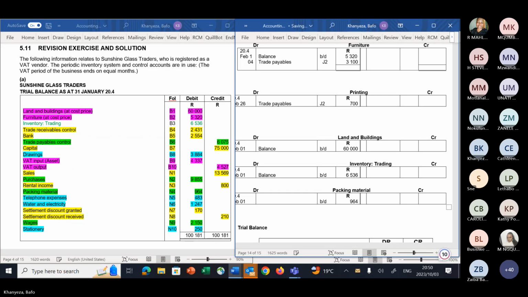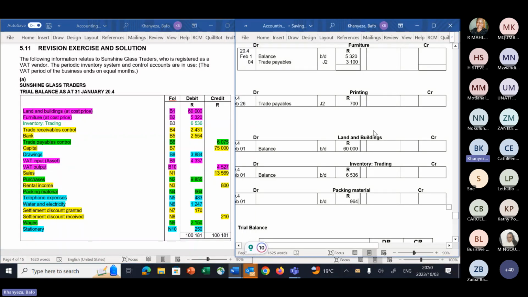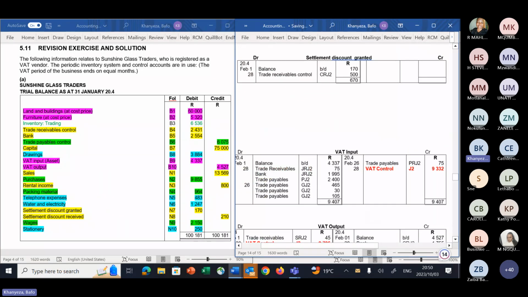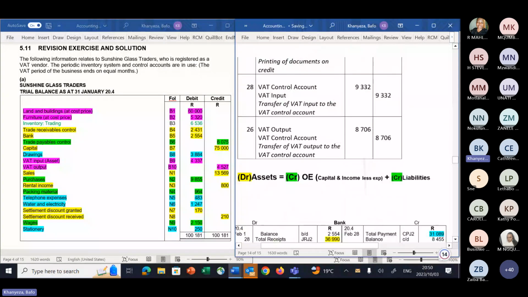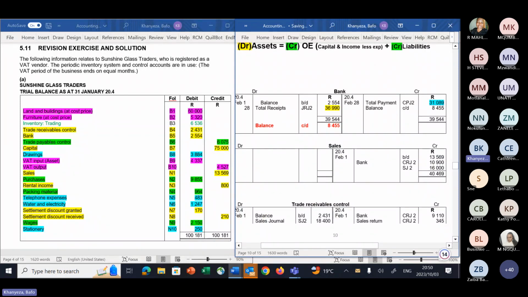Now we are transferring all these balances. Furniture, 8420. We haven't added it. So now we are transferring everything to the balances again, because it's the end of the month. We are starting another balances.